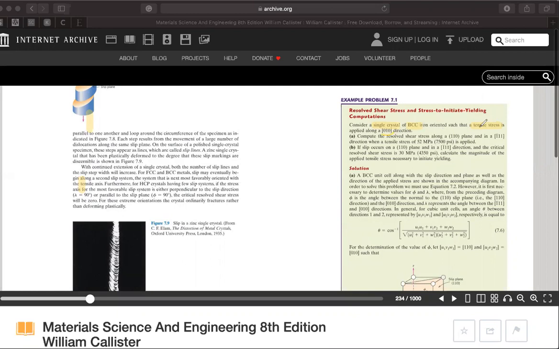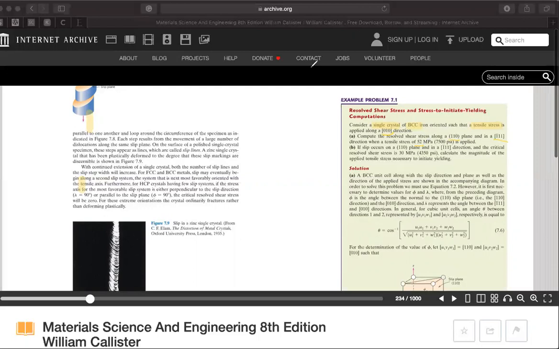Can you compute the resolved shear stress on a certain plane, 110, that has slip direction -1, 1, 1? And he told you what tensile stress is applied from outside.